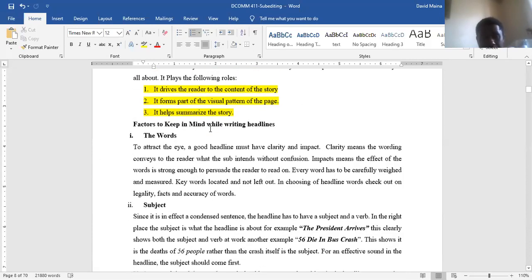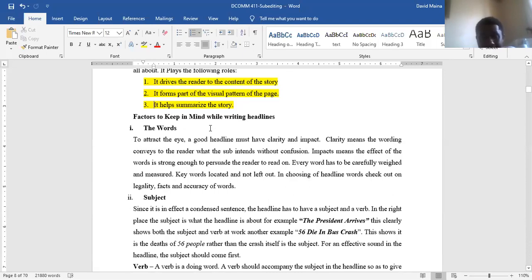Like a headline can read, the president is dead. Sasa wewe mwenye umesoma headline na mwenye hajaona newspaper ya leo, nyinyi ni tofauti sana. Wewe tayari unajua the president is dead.